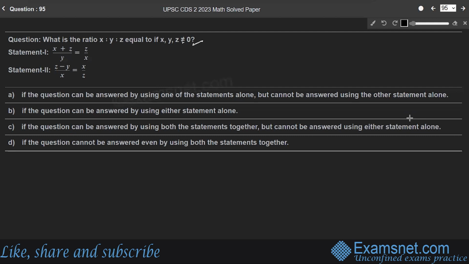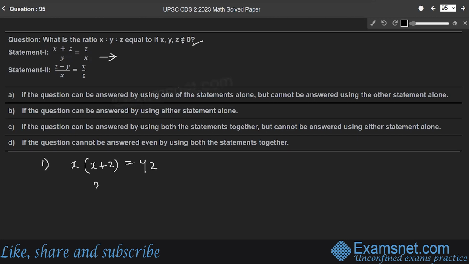Question 95. What is the ratio x is to y is to z equal to, if x, y, z are not equal to 0? So what is the ratio of x is to y is to z? Based on statement 1, can we decide the ratio of x is to y is to z? Let me check. x plus z by y is equal to z by x. So I'll take x into x plus z is equal to y into z.